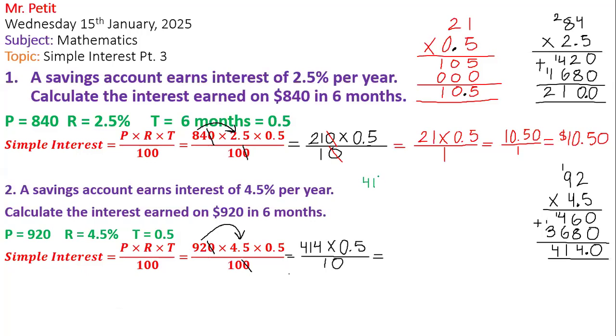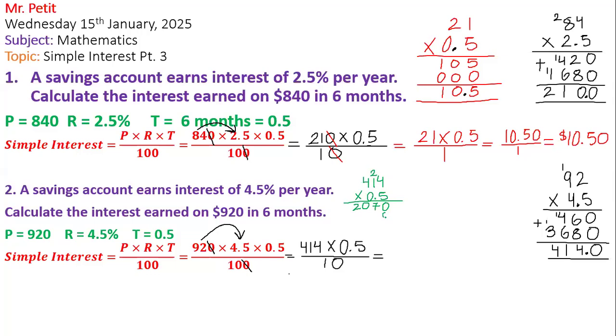So we have 414, and we multiply that by what? 0.5. We say 5 times 4 is 20.